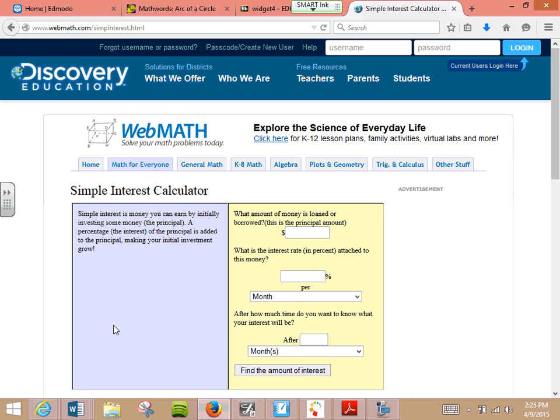Okay, so on this calculator, if you were to use it, what was the principal? How much money does he owe? $1,000, right? And what is the interest rate? And that's a month, right? Oh, per year.